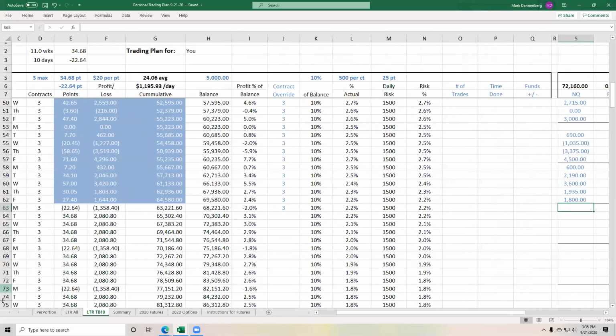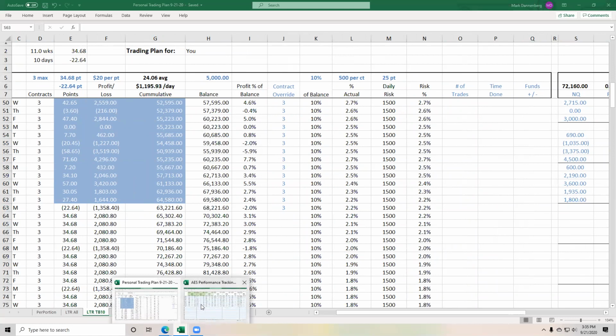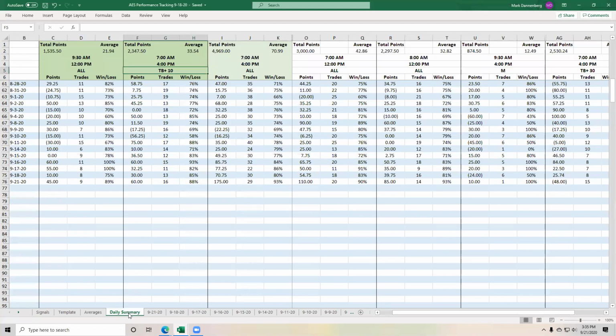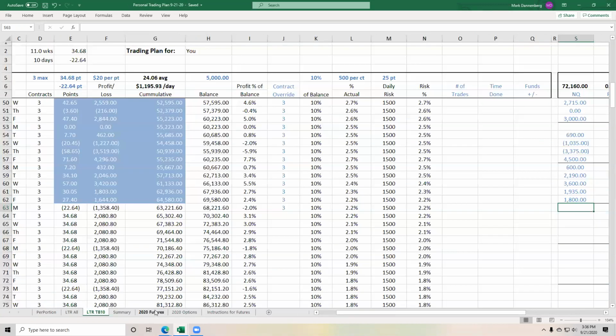All right, so I'm going to jump back to my other spreadsheet here. All right, so we're in the 7 to 4 category, trend bias and continuation signals. We did 60 points today. 60 points at $20 a point is $1,200. So let me jump back to my trading plan.